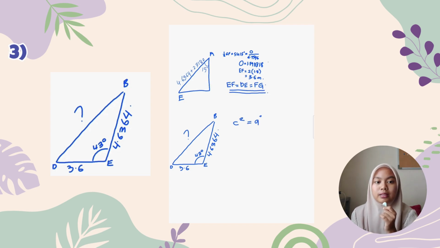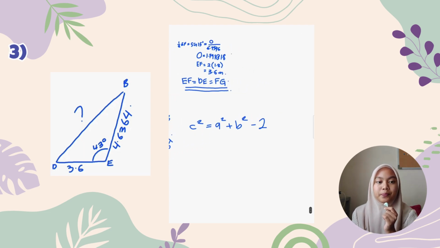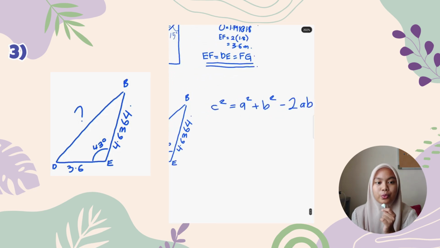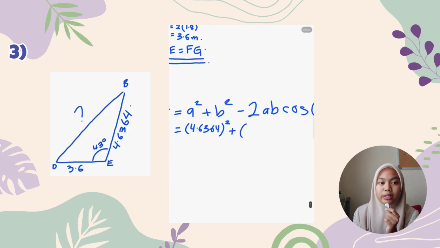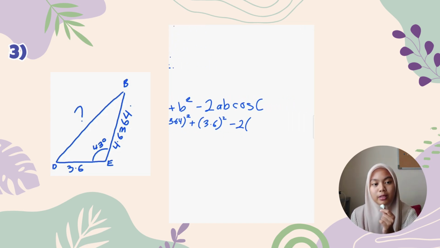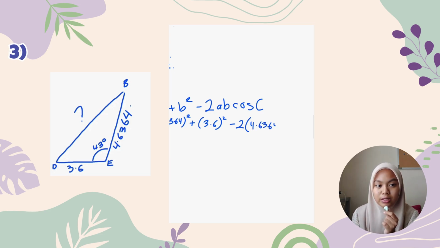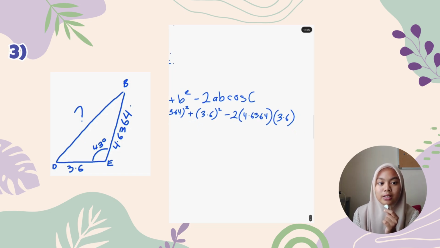Next, we're going to find the length of BD using the law of cosines. So BD squared is equal to 4.6364 squared plus 3.6 squared minus 2 multiplied with 4.6364 and multiplied with 3.6 cos 43.